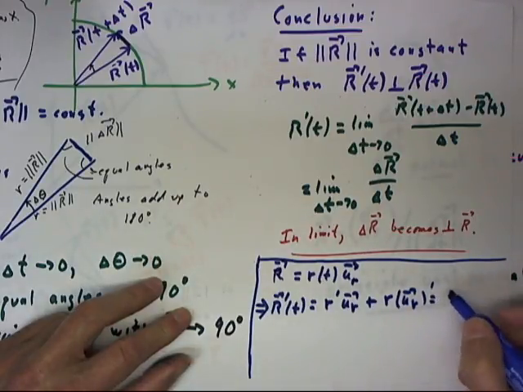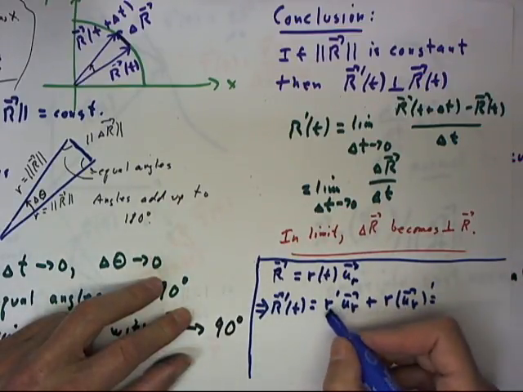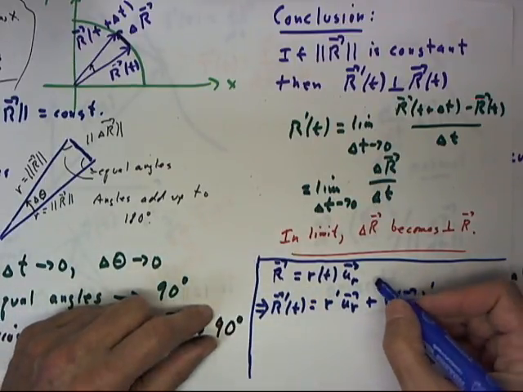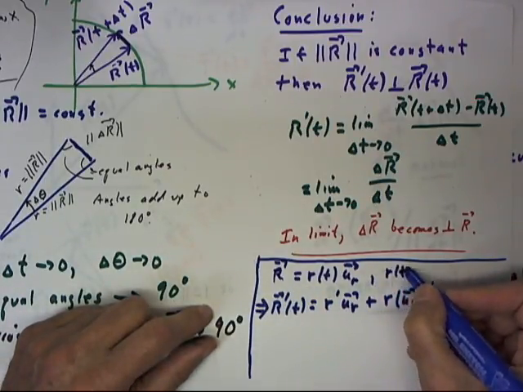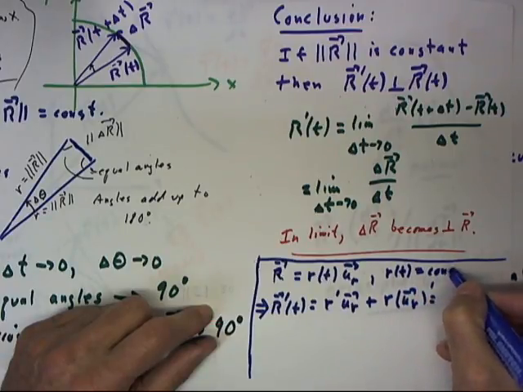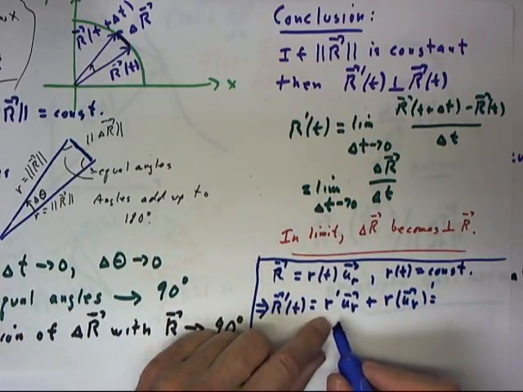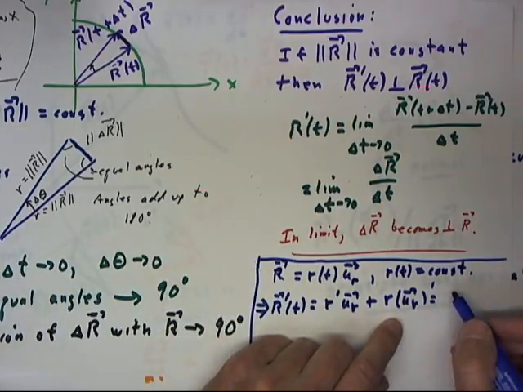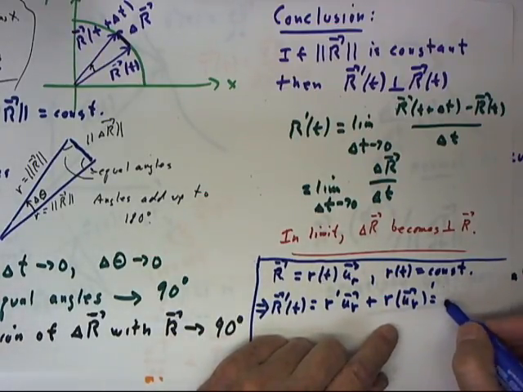The first term is 0, because if r is constant, then r prime is 0, and u sub r prime is nothing but d theta dt times u sub theta.